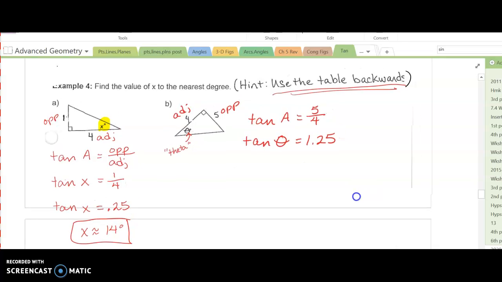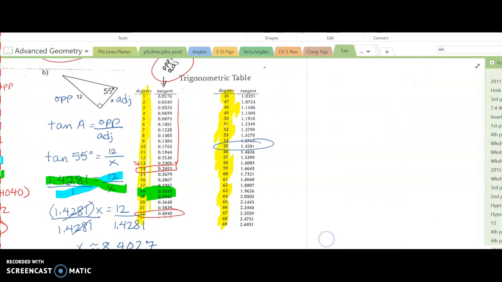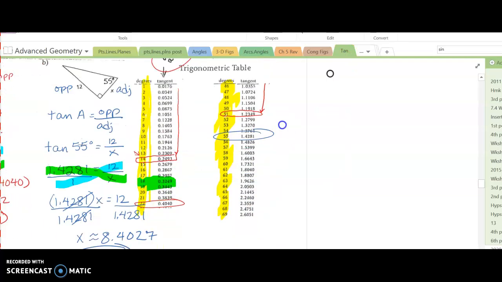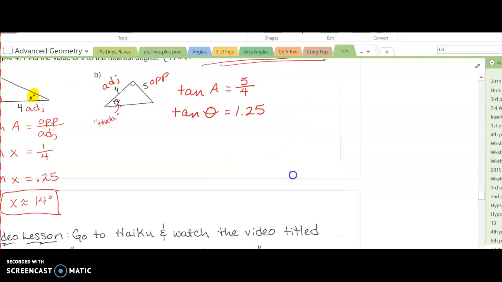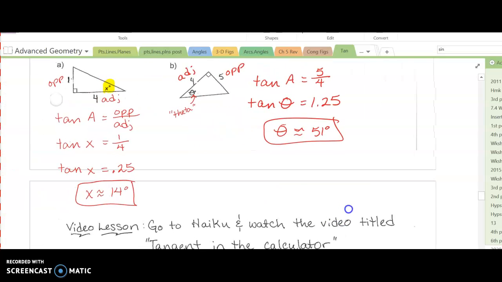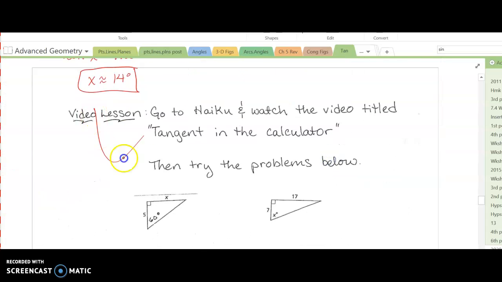So then we go up to the table, 1.2349, I think is going to be the closest thing, because 1.2799, that's almost 1.28. So what was that, 51 degrees? So theta, our angle, would be approximately 51 degrees.